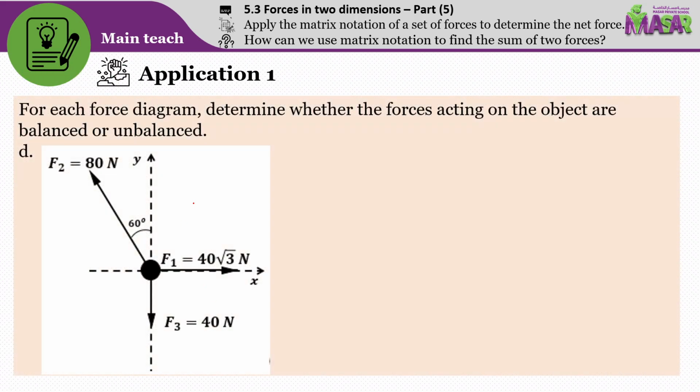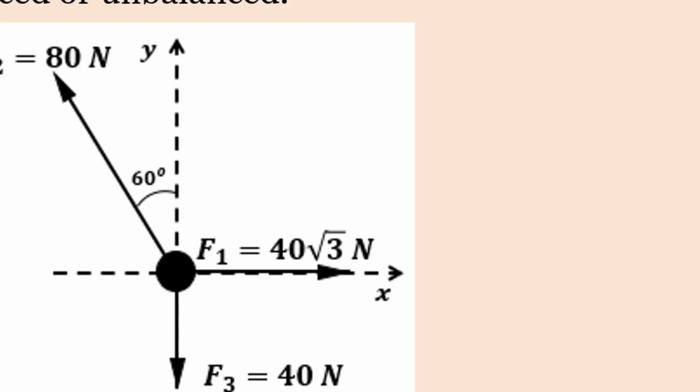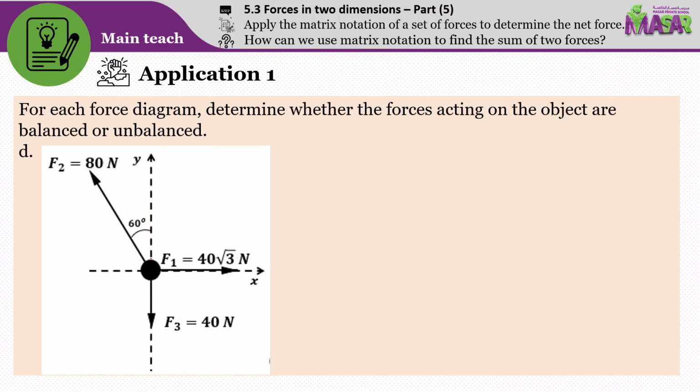Next, in this particular situation, we have an angled force. So F2 here is not along the vertical or horizontal. However, the components of this force are along the horizontal and the vertical. So let me draw the first component, which is F2V, and the second component, which is F2H, to complete the rectangular shape.